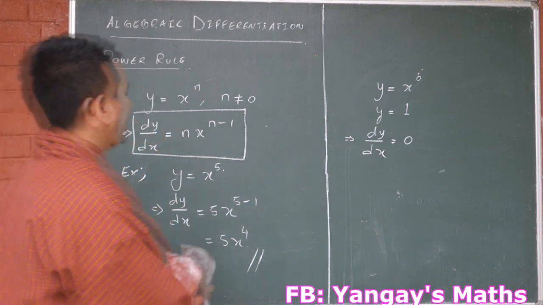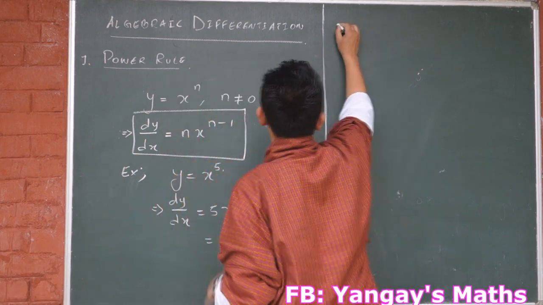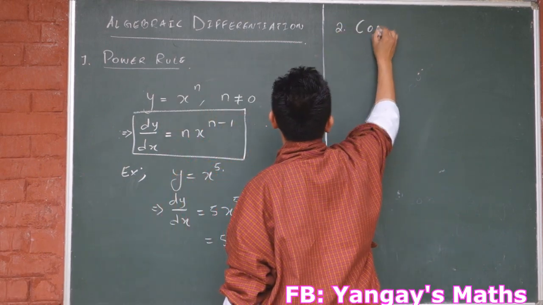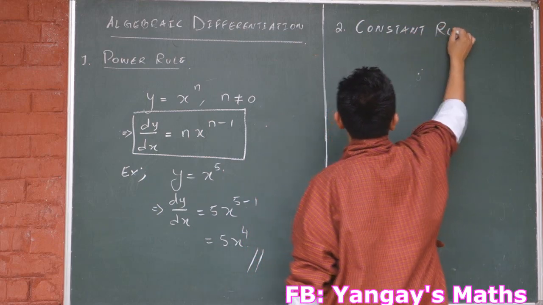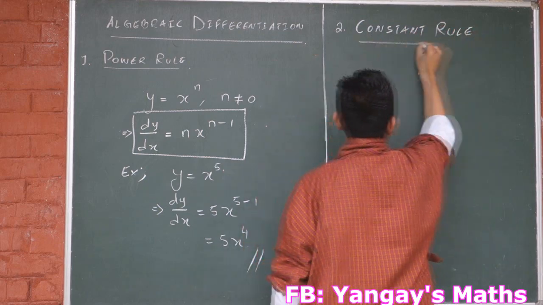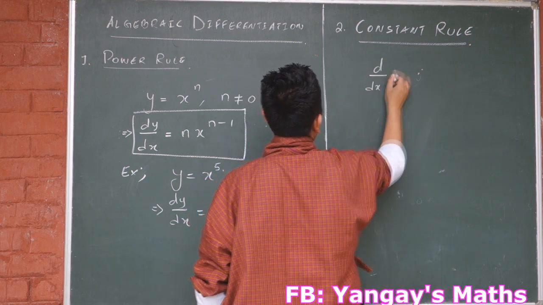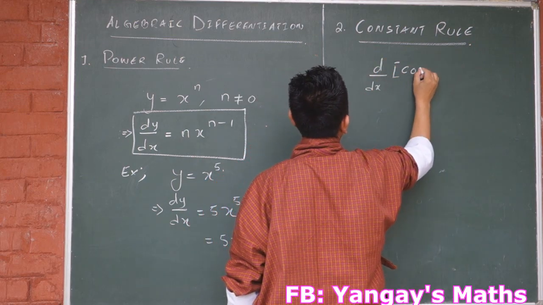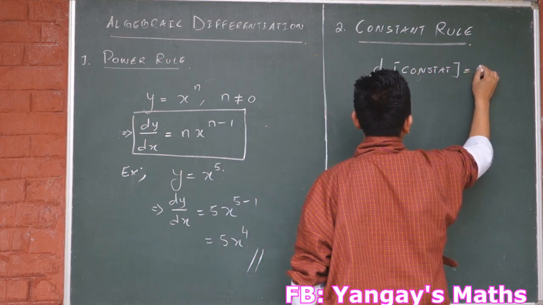Next one we will see is called constant rule. Number 2, we call this one as a constant rule. Under constant rule, it says differentiation of any constant c is equivalent to 0.